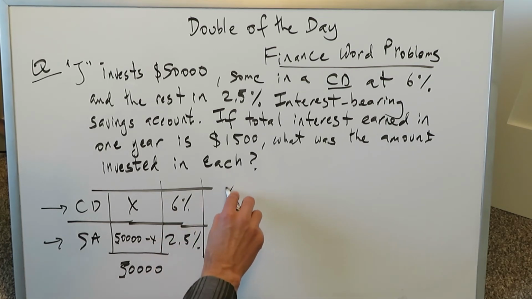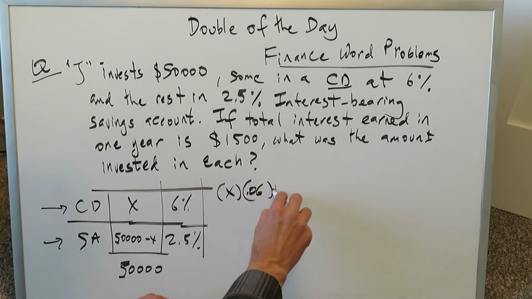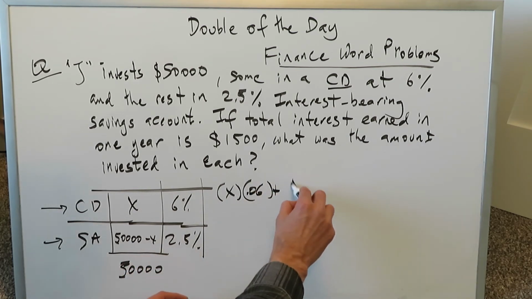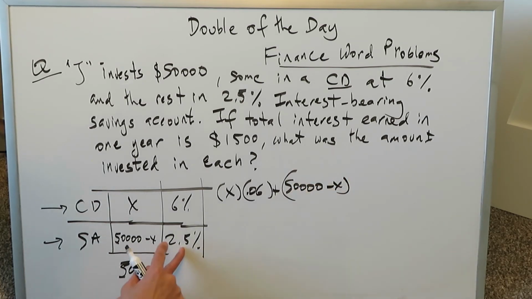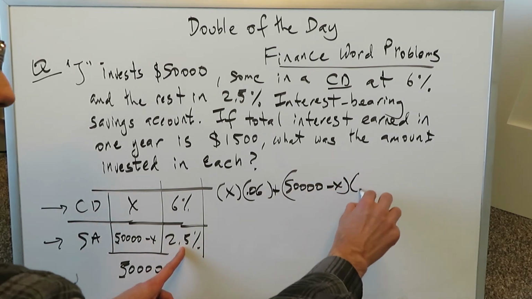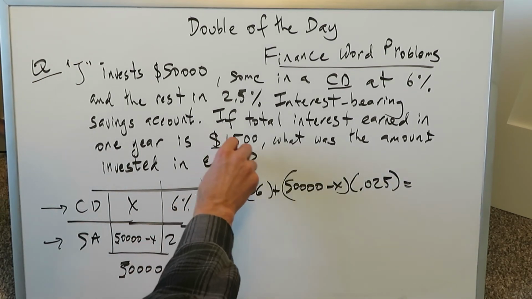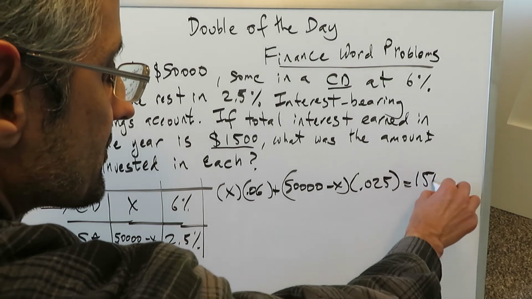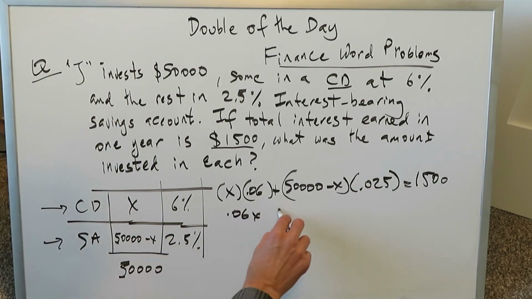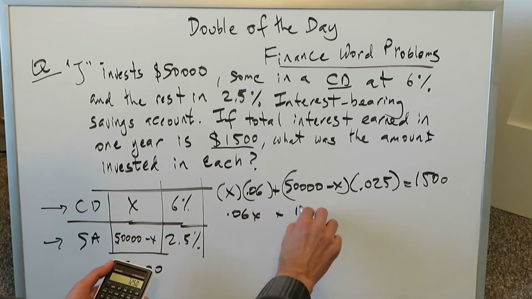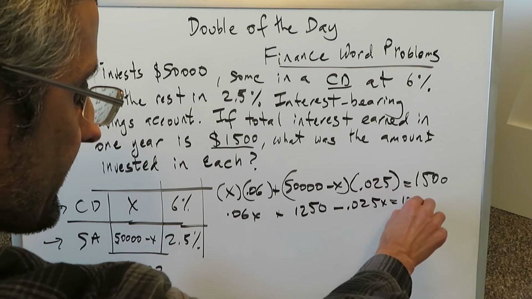You have x times 6%, which we can write 0.06, plus 50,000 minus x times its interest, which is 2.5 divided by 100, 0.025, is equal to the total interest earned, which right here is 1,500, and you just have to solve this algebraically, not too hard. 0.06x plus, we open up that, 1,250 minus 0.025x is equal to 1,500.